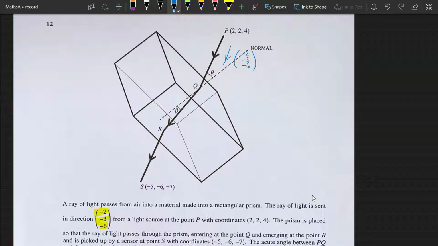And it's from this point P. So it's projected from this point P and these coordinates, and reaches this point Q here.